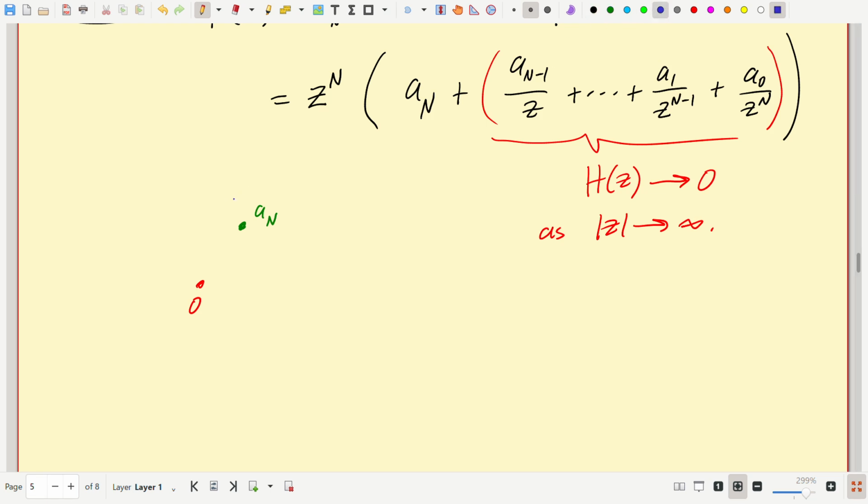I'll take a little disk like this. Let's call this radius epsilon.